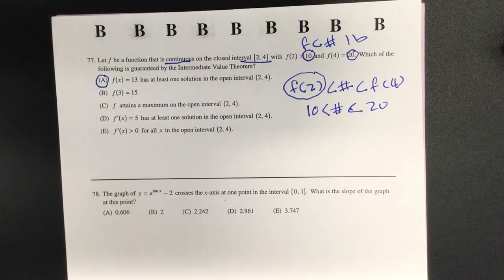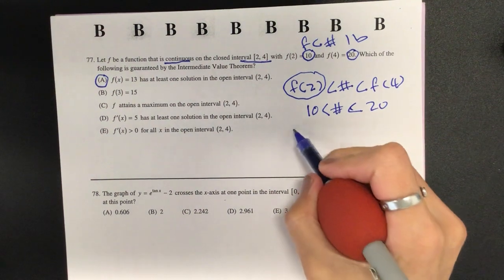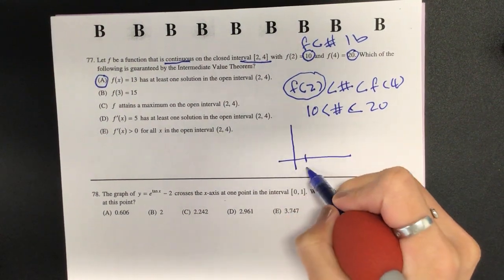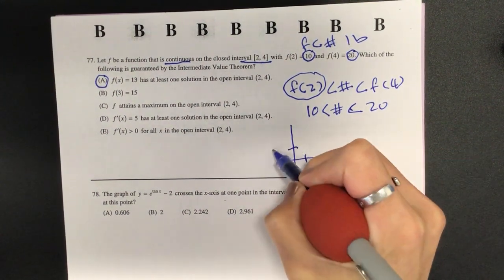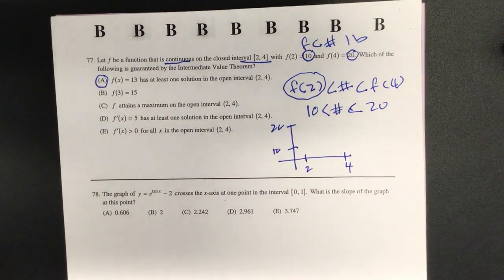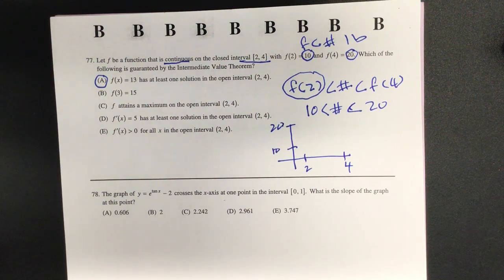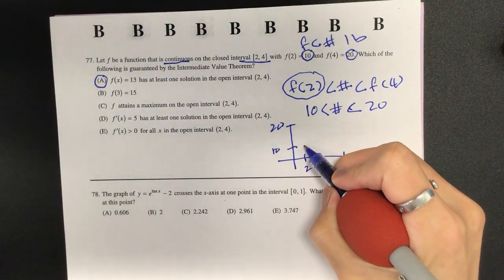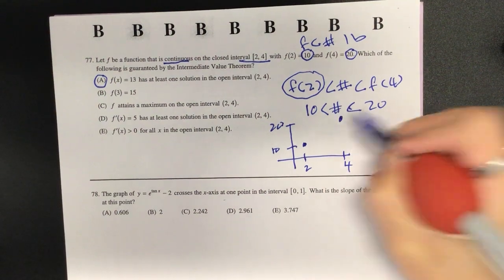And then I'm going to show you visually for part B, and if you're good on that, I'm going to move on. Okay? So here's my visual. Here's my 2, here's my 4, here's my 10, and here's my 20. Let's go ahead and locate it. So f of 2 is 10, and f of 4 is 20.